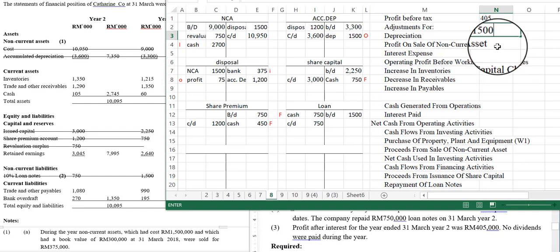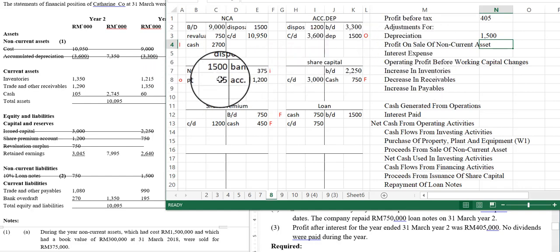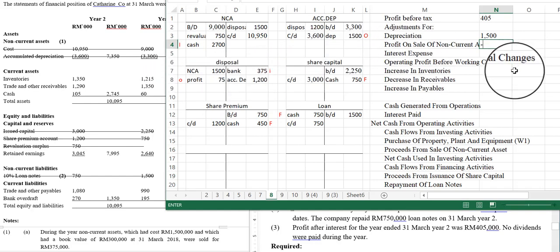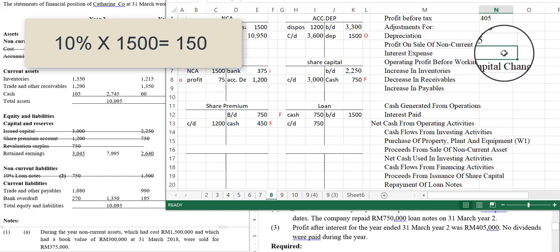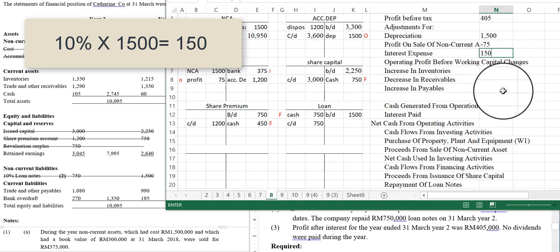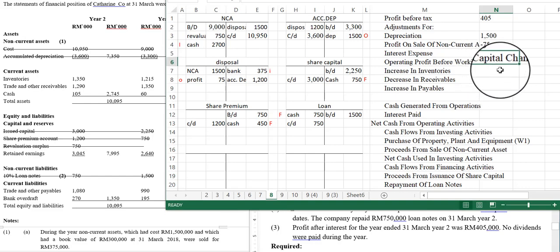It's a non-cash item, but you minus it, so now we have to add back. Profit on sale or disposal, 75, minus out because previously you added in, but this is a non-cash item, you should not add in. Interest, just now we mentioned, is 150. So you have to add back because previously you minus it.